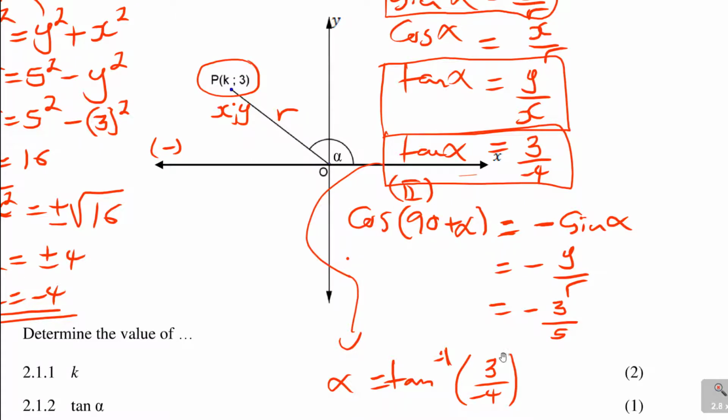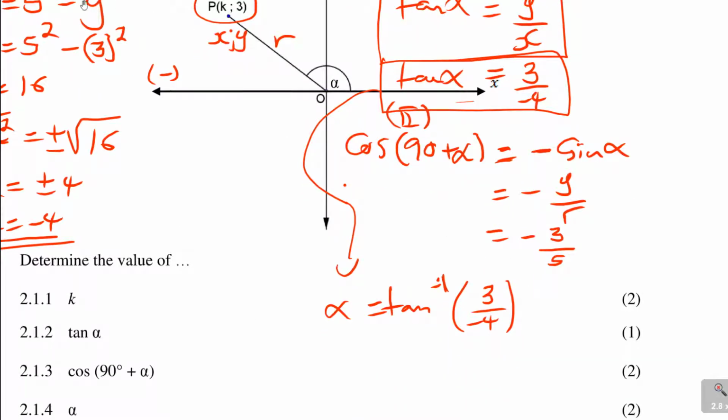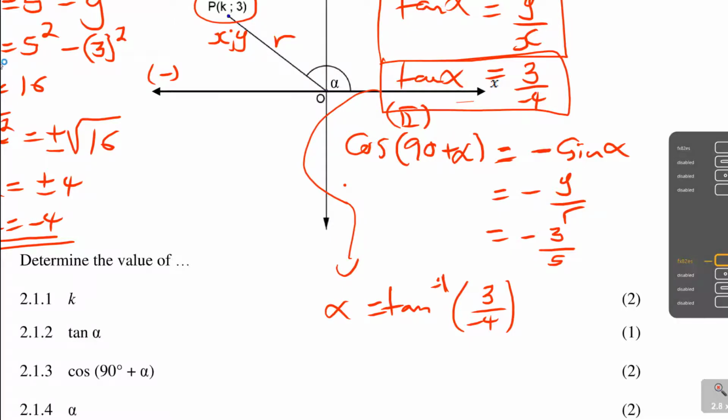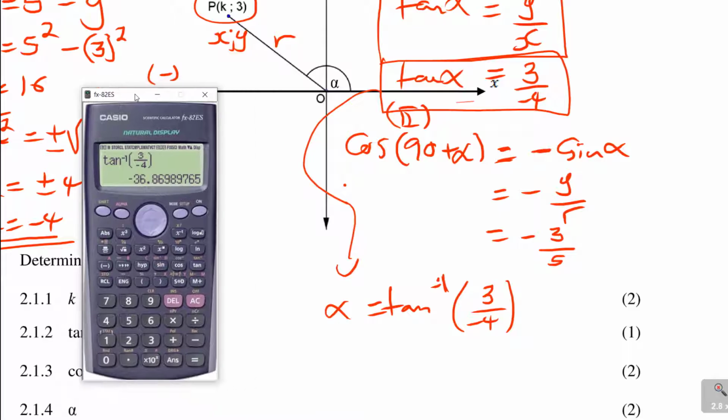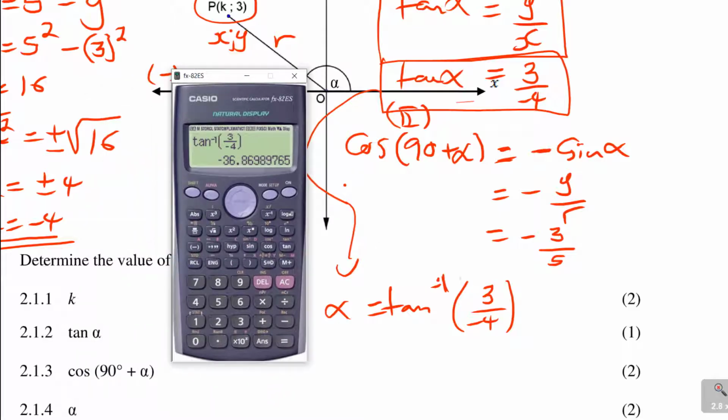It can just give you the answer there. So if you say shift arctan 3 over -4, let's see what it gives in this case. Remember, I'm looking at alpha.